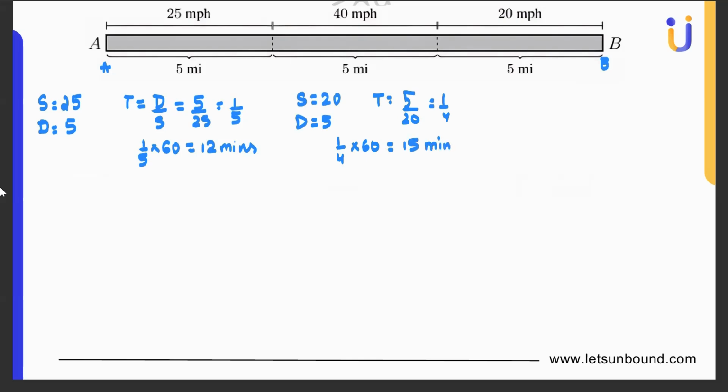So the first person will take 12 minutes here, and the second person will take 15 minutes here, right? So by the time the second person reaches here, which takes 15 minutes, the first person would have already covered 3 minutes of distance here.